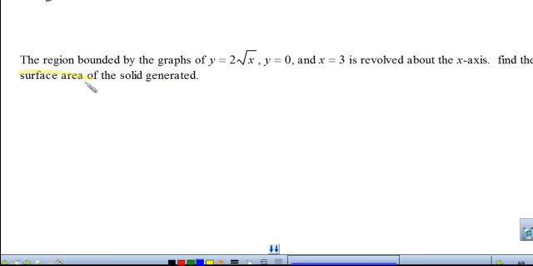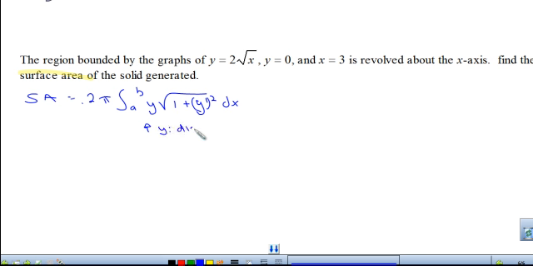So the formula for the surface area is 2 pi integral from a to b of y square root of 1 plus y prime squared dx. And remember that y is the distance between the axis of rotation and the graph.